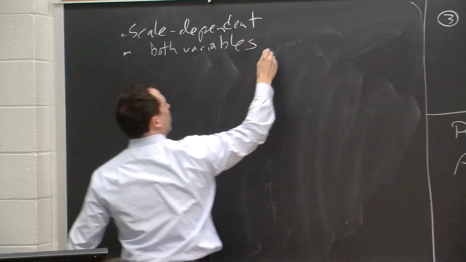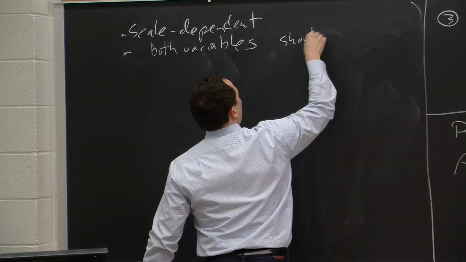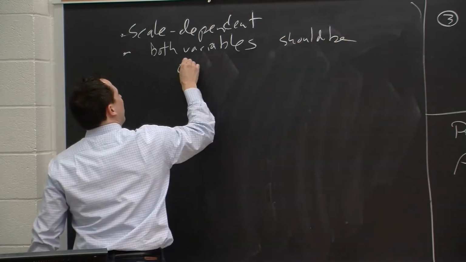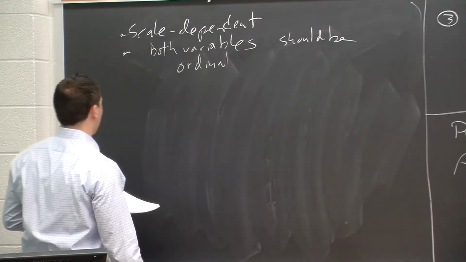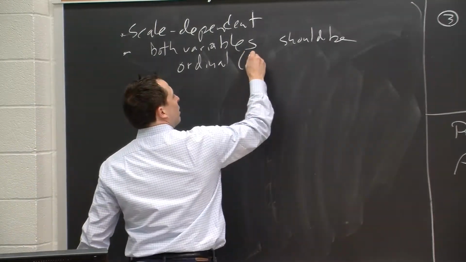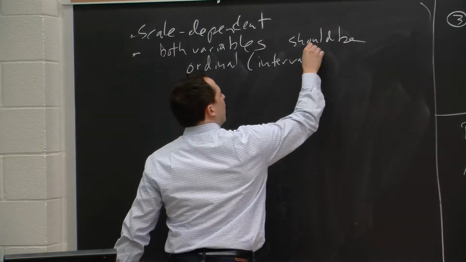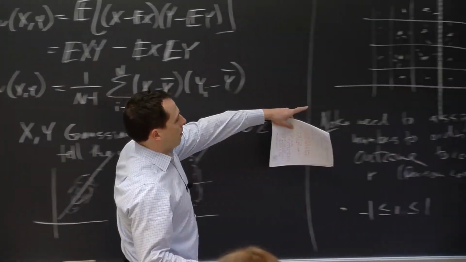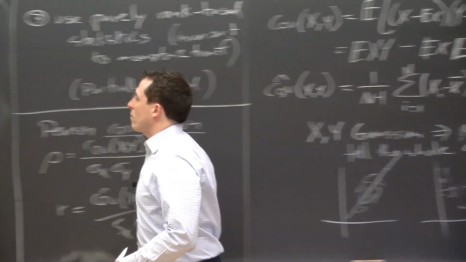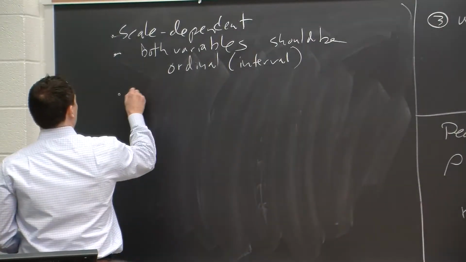Both variables should be ordinal. And a binary is OK if you're thinking about success or failure or something. Or even better is if they're interval, it makes more sense, right? And in order for this kind of approximation to work, this gridding, we want the cell sizes to be large.